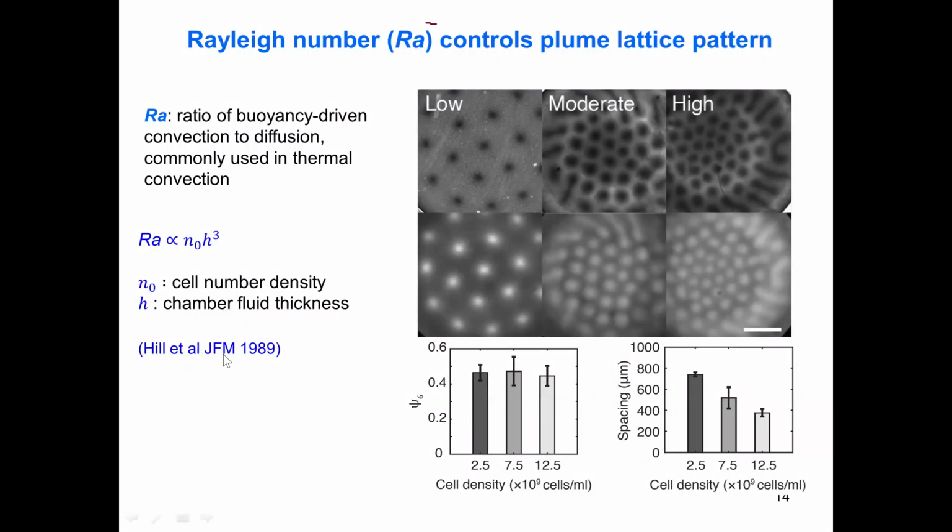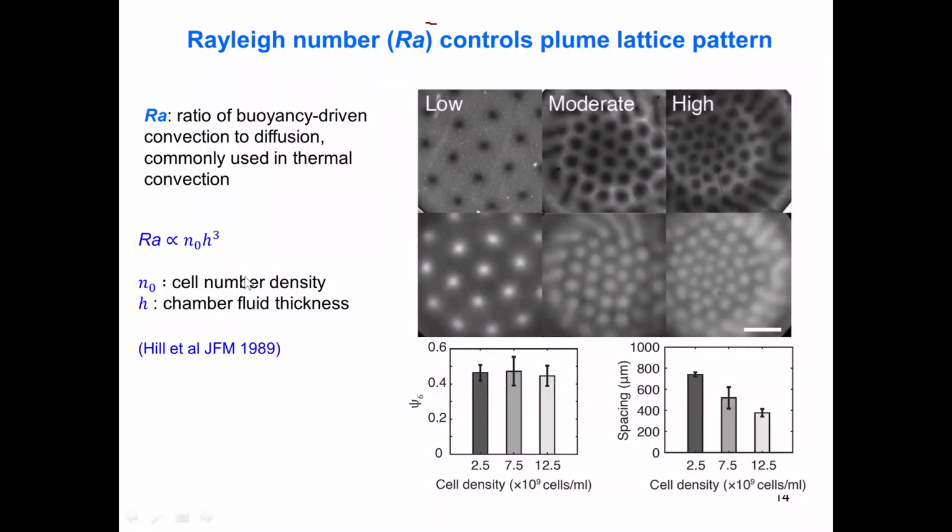Earlier studies by Hill and co-authors in the 1980s found an expression for this Rayleigh number in settings relevant to bioconvection. The Rayleigh number in bioconvection is proportional to the cell number density and the third power of the chamber thickness.